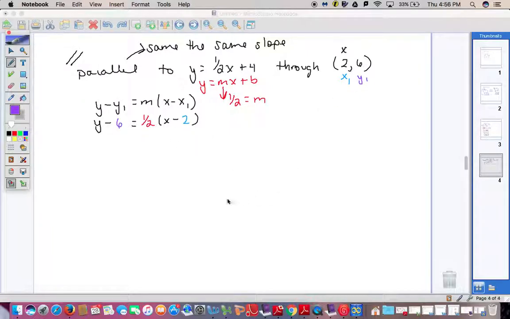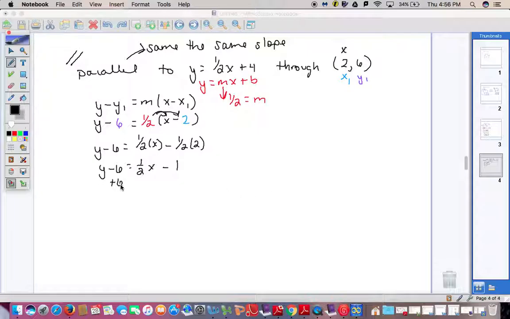And now I'm simply going to distribute. So if I distribute, I have y minus 6 equals 1/2 times x minus, because I'm distributing it across, 1/2 times 2. Okay, so y minus 6 equals 1/2 x minus 1.